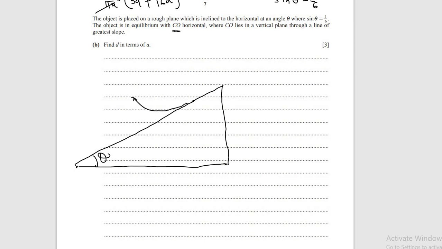The object is placed. Of course, remember this is the hemisphere from the diagram, and this is the cylinder. From here to here is 2a. This is 2a, and the other one is 2a.